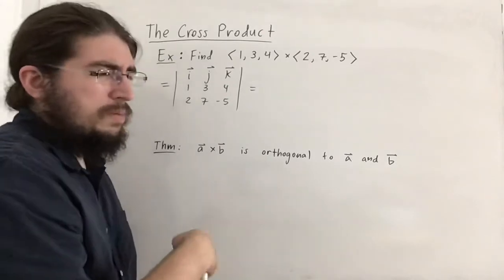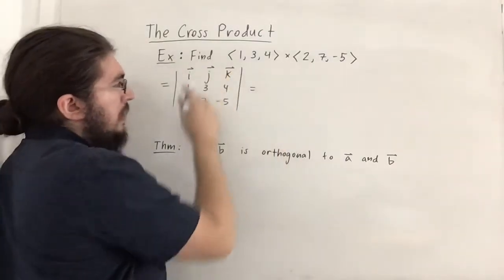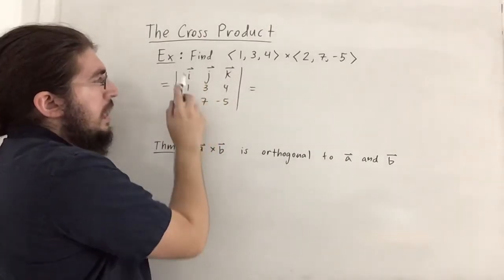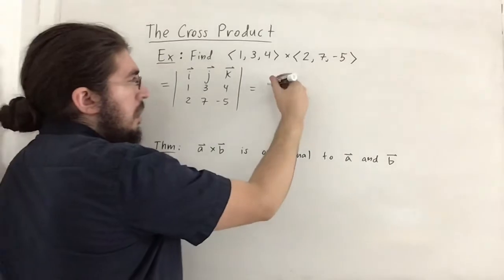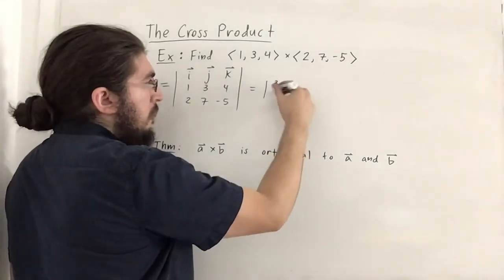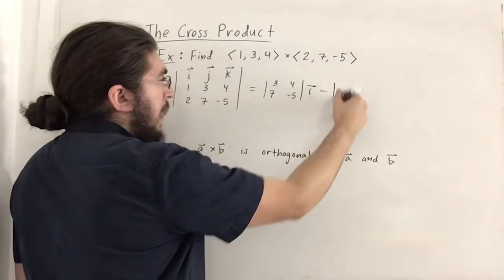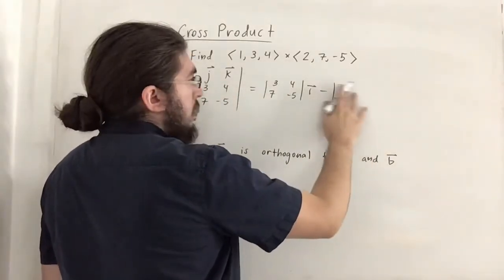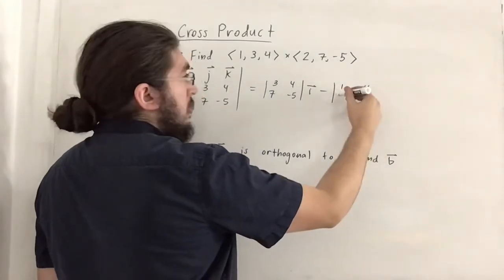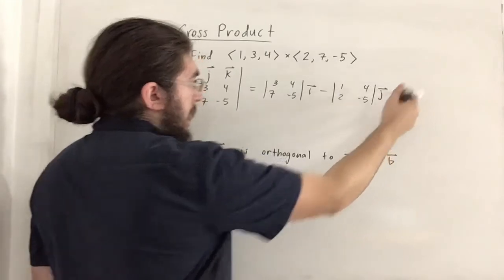In fact, we'll talk about some properties of cross products later on in the video. But for right now, let's see. So we want to take the determinant of this 3x3, and notice if we cover the column and row for I, we get the determinant of 3, 4, 7, negative 5 times the vector I, minus the determinant of 1, 4, 2, negative 5 times the vector J. So I hope you see how you did that.